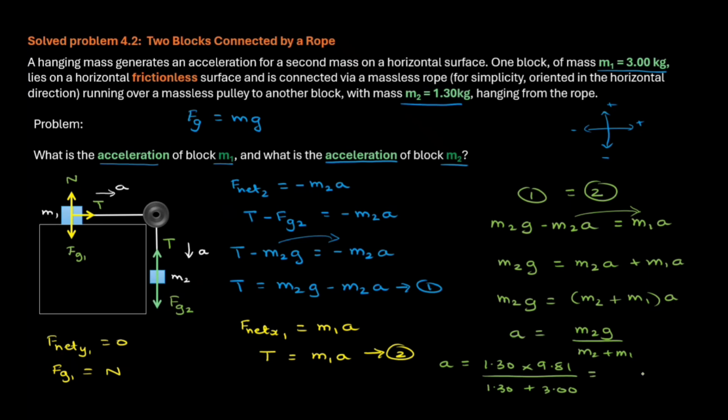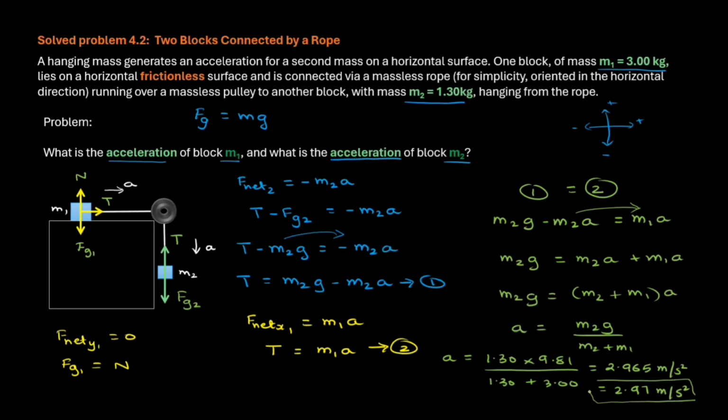And when you solve this, you get acceleration a to be equal to 2.965 meter per second squared, which you can round off to 2.97 meter per second squared. So this is the acceleration of both block M1 and M2.